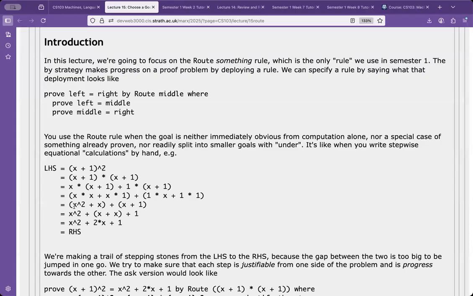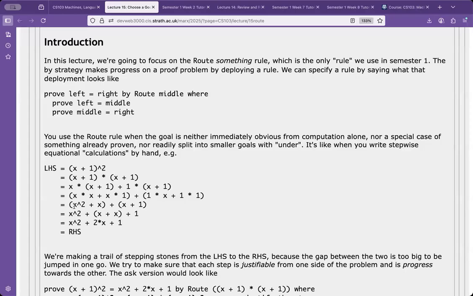It doesn't have to be the left, but you choose a middle that you know how to get to from the left. So you should get one easy sub-goal, left to middle, and then middle to right is the rest of the calculation. Okay, that's the situation. That's what we're doing.